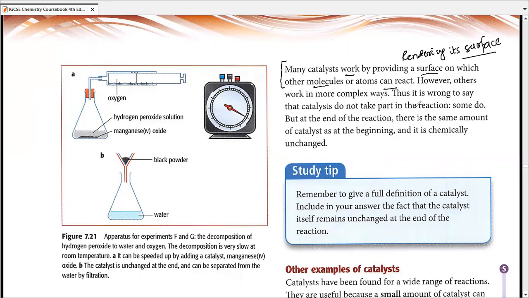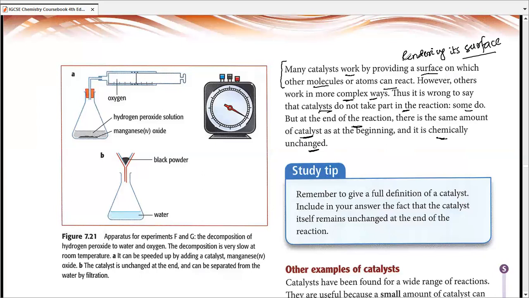It goes for many solid catalysts. However, there are other, more complex ways a catalyst works. Thus, it is not right to say catalysts do not take part in a reaction. Some do, but by the end of the reaction, you'll get the same amount of the catalyst with the same chemical identity, without being chemically changed.